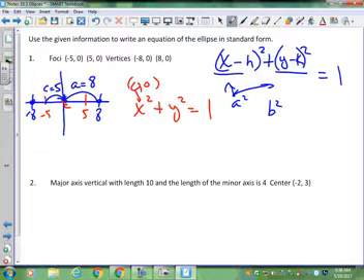So it's very important to graph it and visually see where the center is first, and then count from the vertices to the center so you know a, and the co-vertices to the center would be b, but I didn't have co-vertices, did I? And then the distance from the focus to the center is c, so I've got to use that Pythagorean relationship to find b, because c squared equals a squared minus b squared.